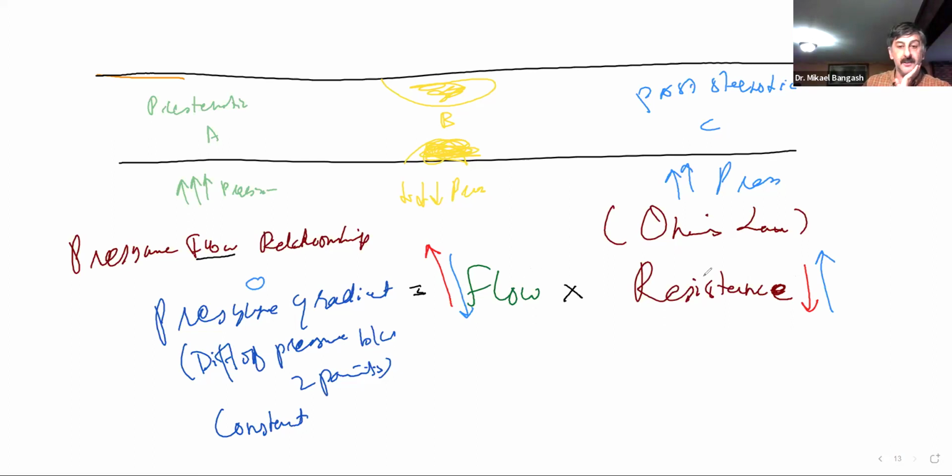So flow and resistance are inversely proportional to one another. Greater flow because of lesser resistance. Lesser flow is due to a greater resistance. Did that make sense?